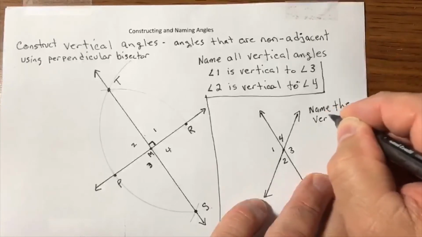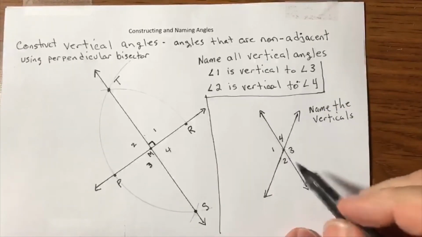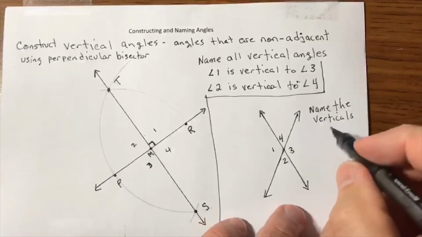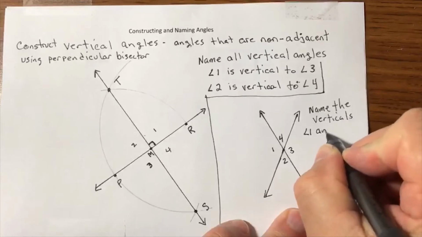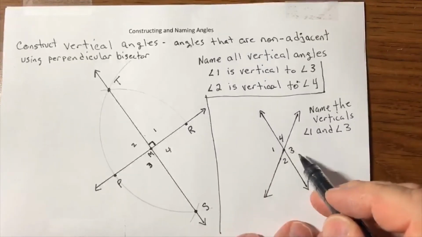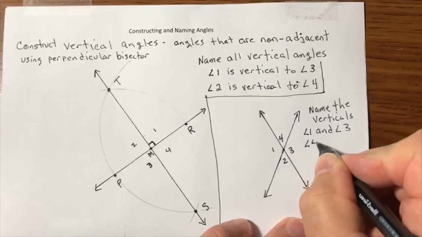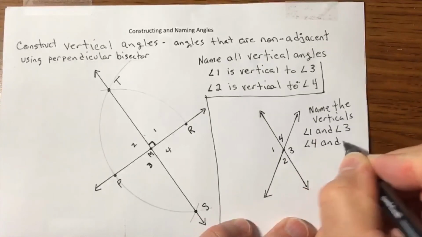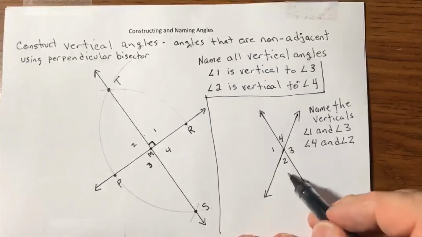Vertical angles. Using this diagram, you would refer to vertical angles as angle 1 and angle 3. Those are vertical. And angle 4 and angle 2. Those two are vertical angles. Okay?